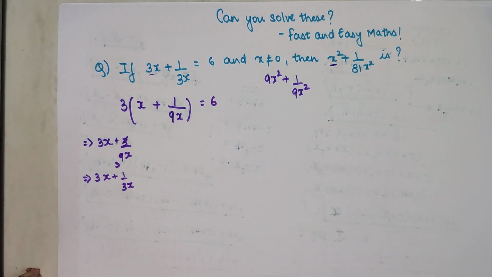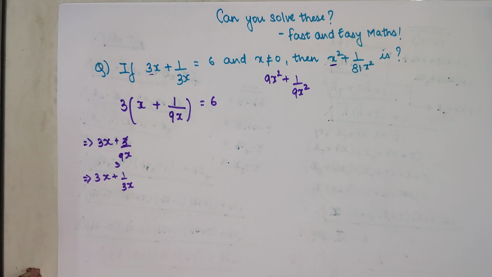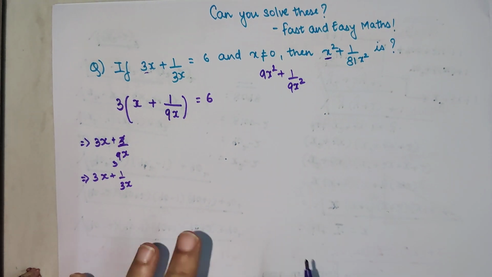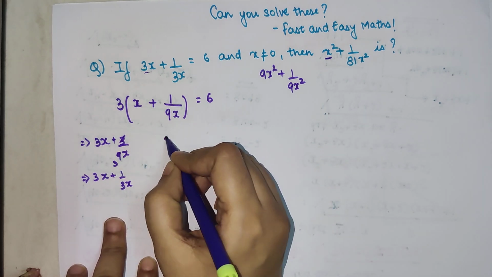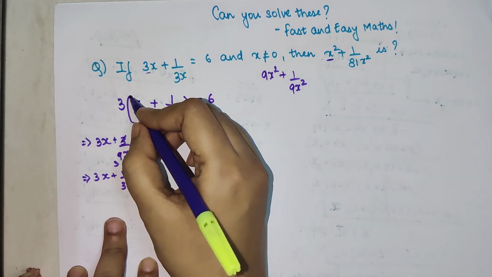Now if you look, it will be so easy. If you just square it, you are going to land up at your answer. But what will happen to this 3? Because when you square it, you will square this one as well. So I will tell you what to do with that. First, very important, we'll write this over here as it is and take this 3 on the other side.